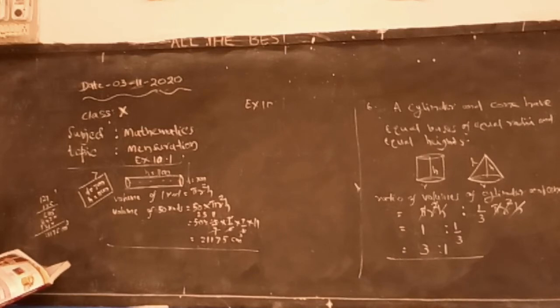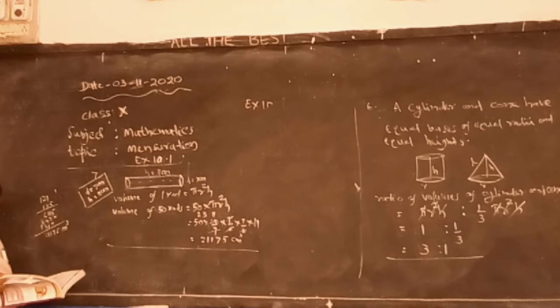Eighth problem: a heap of rice is in the form of a cone of diameter 12 and height 8. Find its volume.